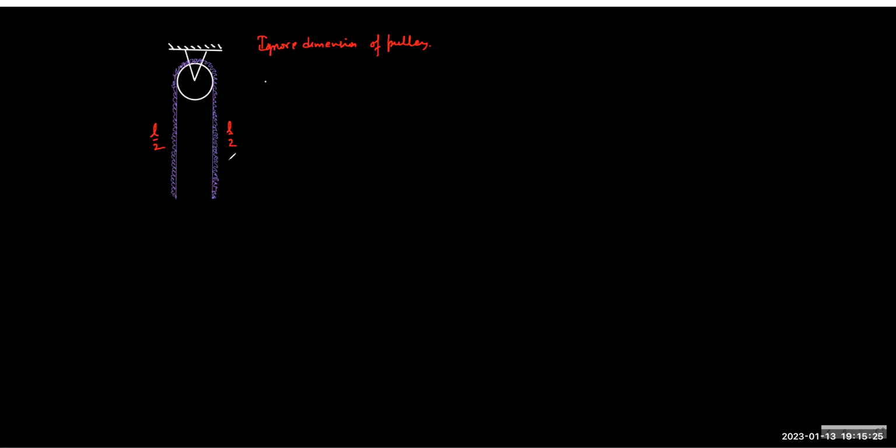So I will introduce a term called lambda, or the linear mass density. That's called lambda. Lambda is basically the mass per unit length.